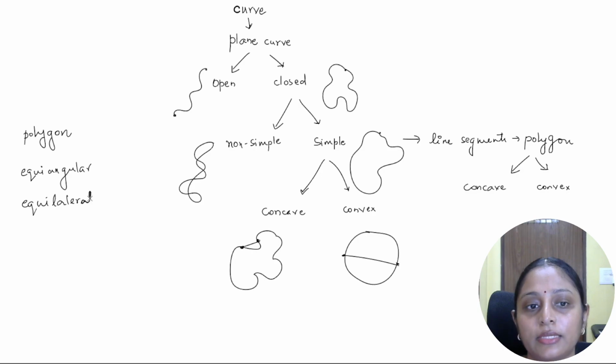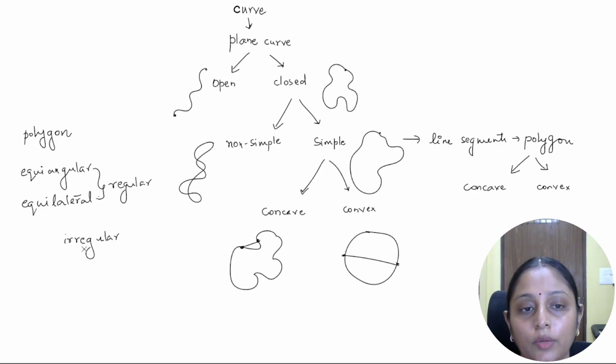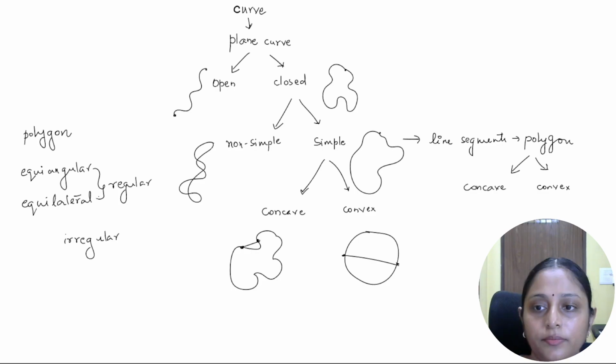Equilateral means all sides are equal. If these two happen, then we call it a regular polygon. Otherwise it is called an irregular polygon. So it is a regular polygon when you have equiangular and equilateral, and if it is not equiangular and equilateral, it is an irregular polygon.